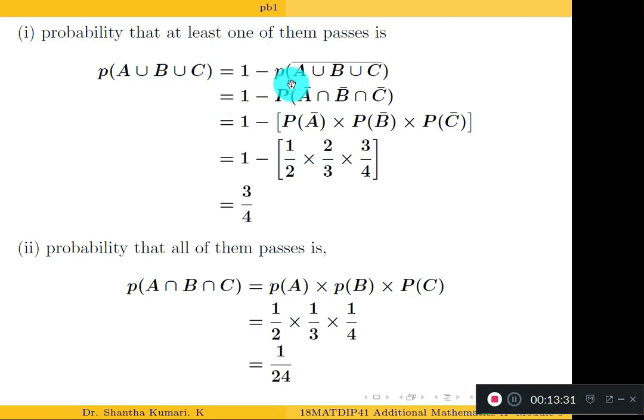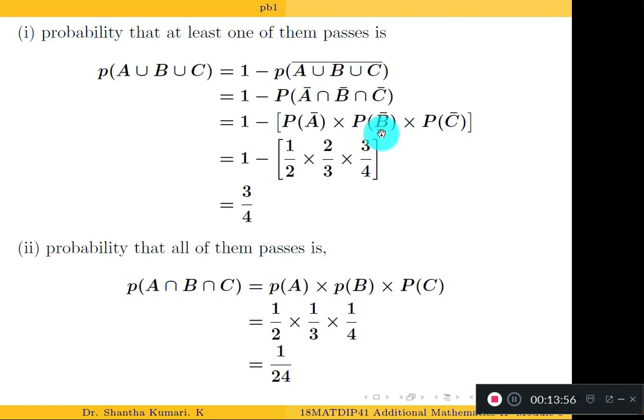So 1 minus probability of the complementary event. And when you use De Morgan's rule, this term can be written as A complement intersection B complement intersection C complement. Using independent events, probability of the intersection equals the product of the probabilities. You can use this formula only in the case of independent events.